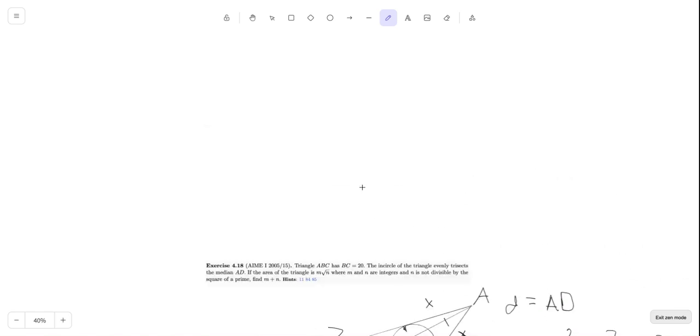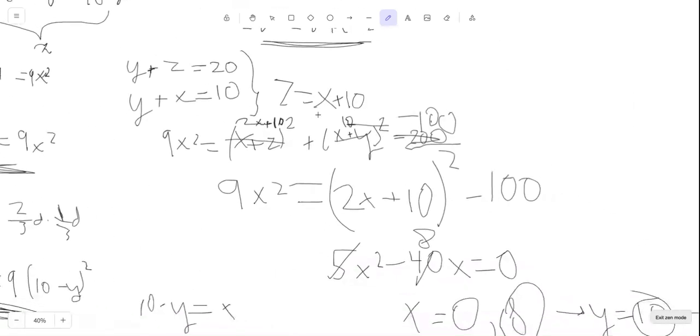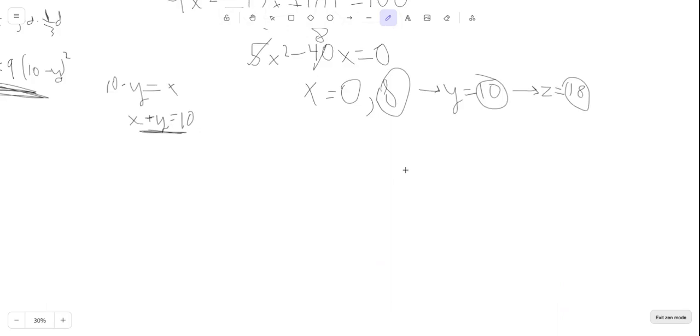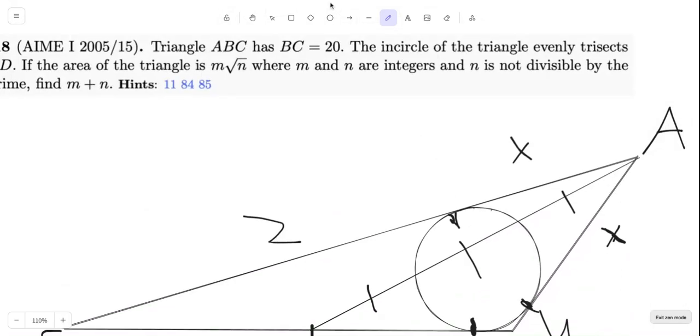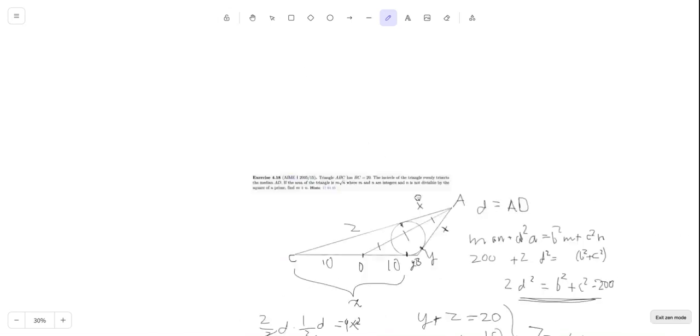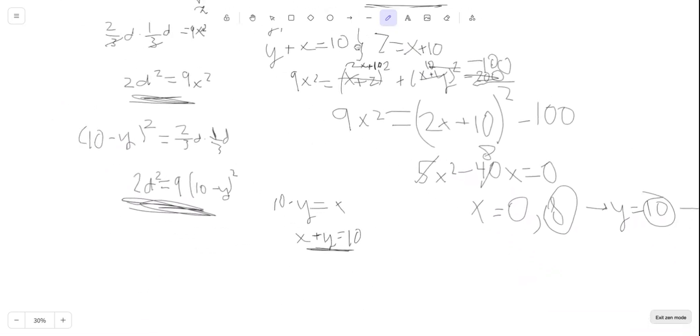We can use Heron's formula. That's apparently our only way possible, since we don't know the inradius, you can't use that in circle formula.